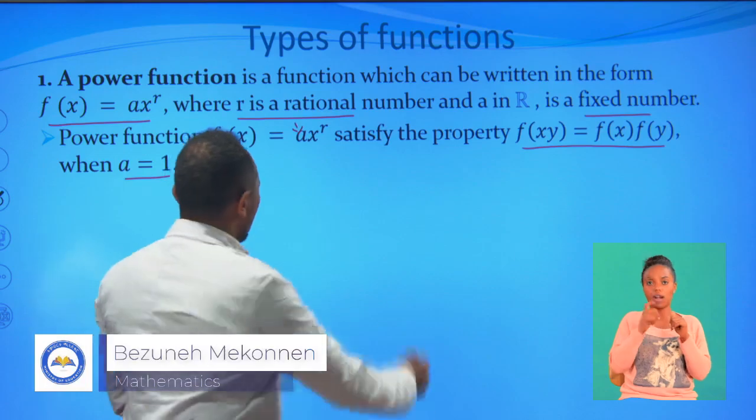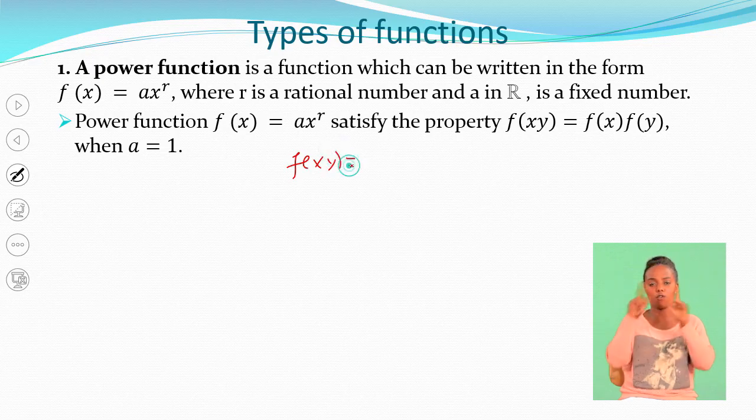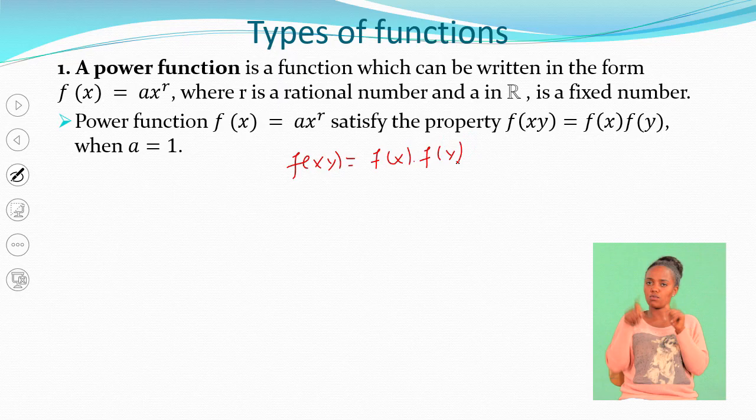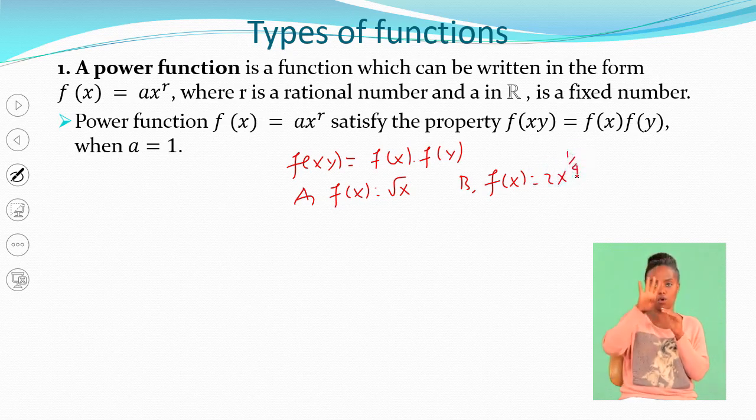So, for example, from this set, which one satisfies this property, f of xy is equal to f of x times f of y? A, f of x is equal to the square root of x. B, f of x is equal to 2x to the power of 1 over 4. Which of these two satisfies this property?